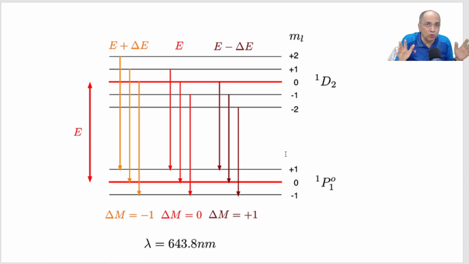So to conclude what we did, we learned there are 2 types of fine splitting. Fine lines can be possible in two possibilities. One, without magnetic field, that is due to LS coupling. That happens only under a high resolution spectrometer.